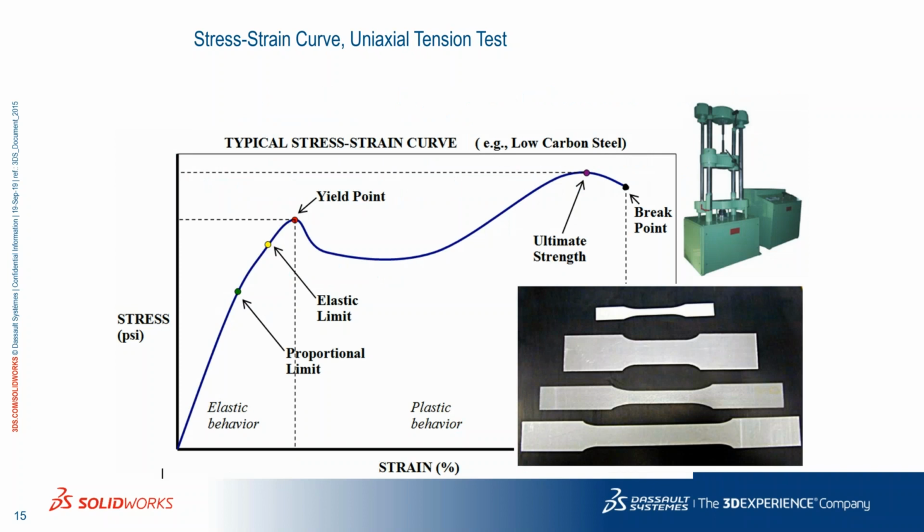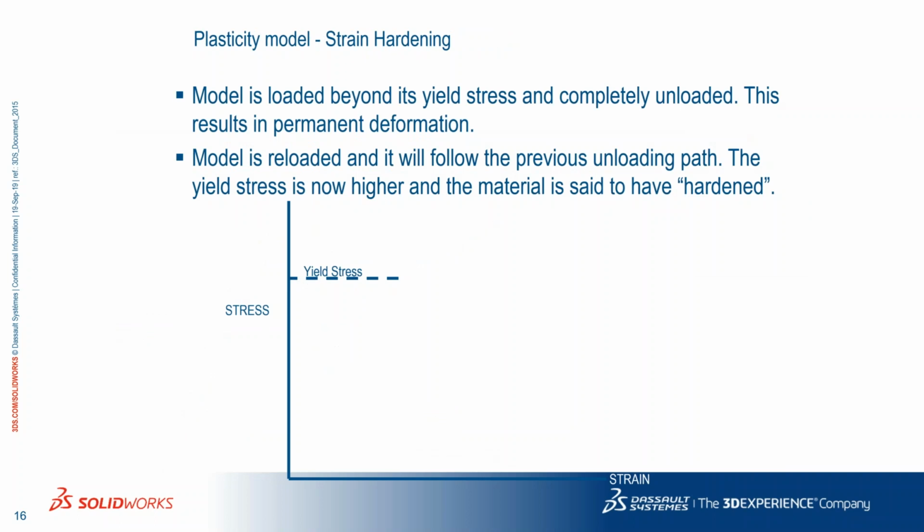So the yielding delineates the end of the elastic behavior. After the yield, if you continue to load the model and then come back, basically you will follow another path.